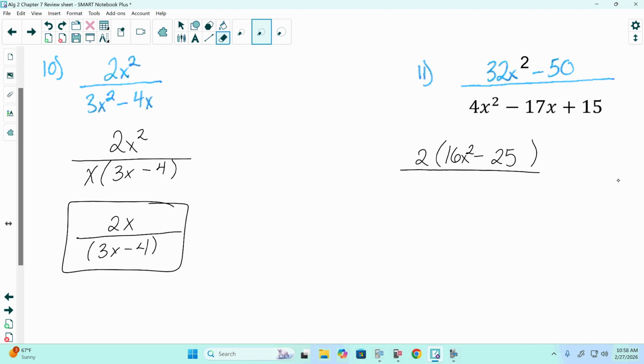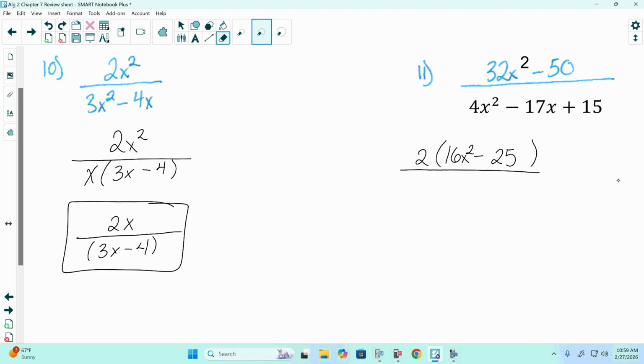But if we look at 16 and 25, there's not another number that goes into both. 25 is divisible by 1, which doesn't help us, and by 5 and 25. 16 is not divisible by 5, and it's not divisible by 25. We can't divide those two numbers into it.